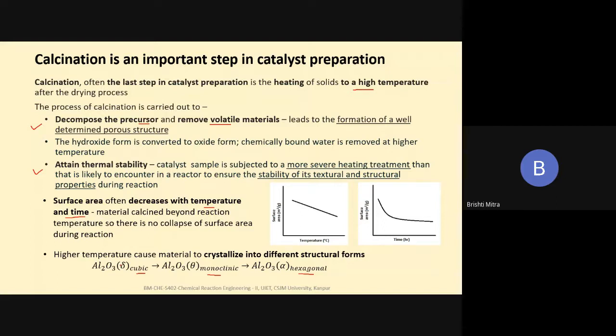Then to attain thermal stability, so that the final catalyst is stable in terms of its textural as well as structural properties. So once you use it in an industrial reactor, there will not be any other changes happening in the catalyst itself during the reaction.